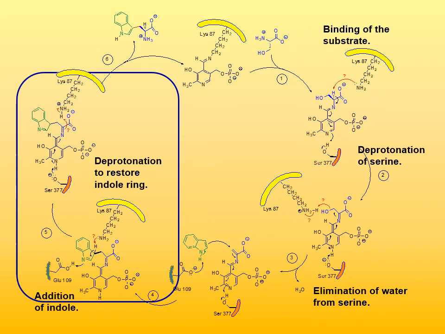Note that in the second step, deprotonation of serine, serine 377 donated its proton to the pyridine ring of PLP. Now serine takes back its proton, and that restores the aromatic pyridine ring of the PLP.